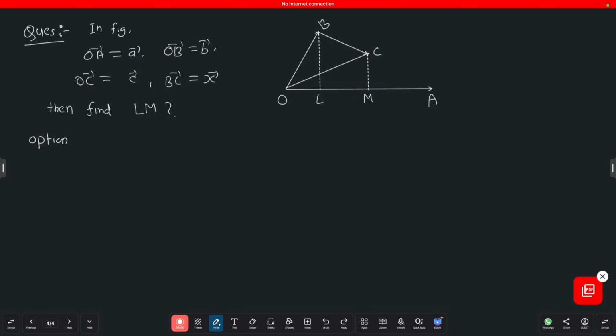Options. Let me write the options from the book.